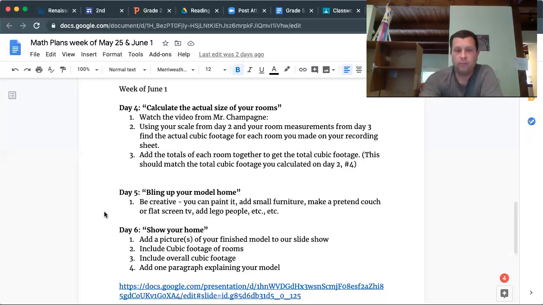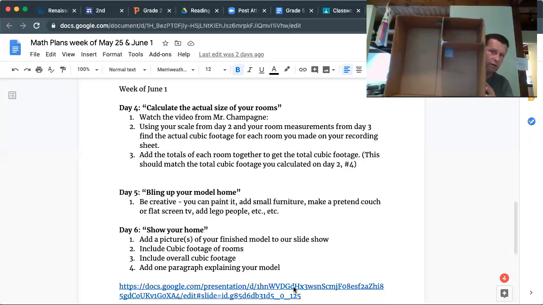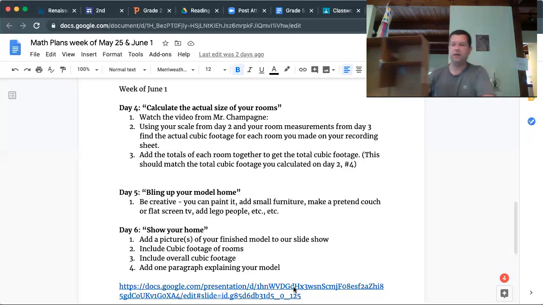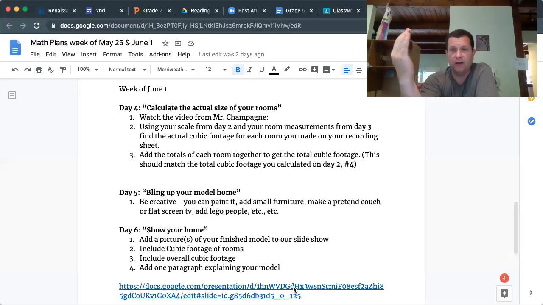Lastly, you are going to show your home. I've made a slideshow. Take a picture with your Chromebook of your model, but wait till you bling it up. Just sit it there and take a picture of it. Half of the slideshow will be a picture of this, and the other half will be the cubic footage of your rooms, and then your overall cubic footage.